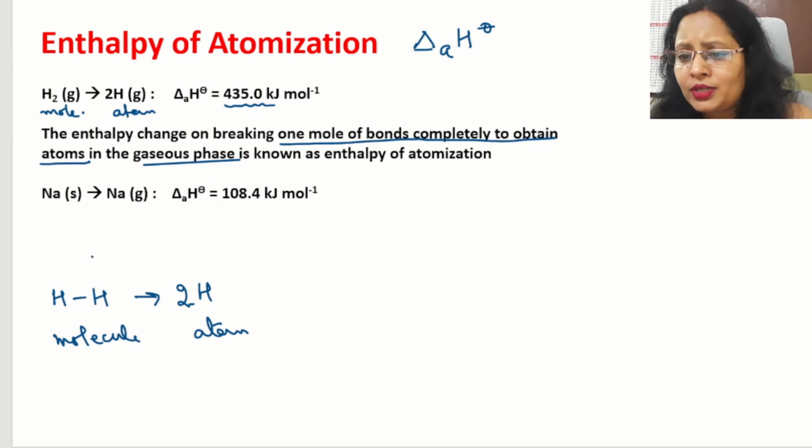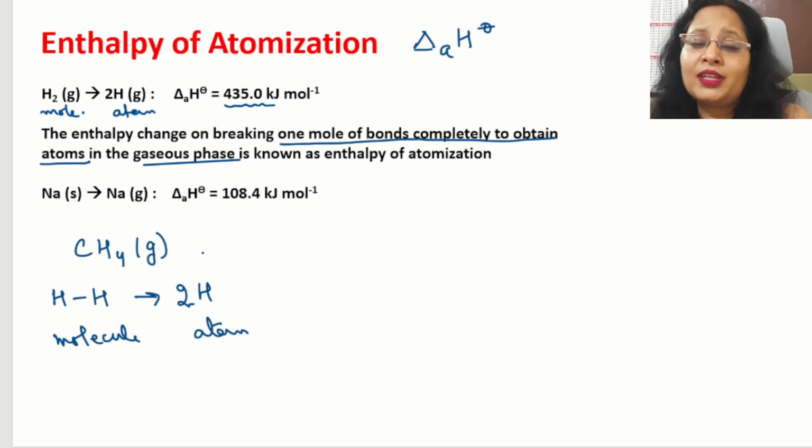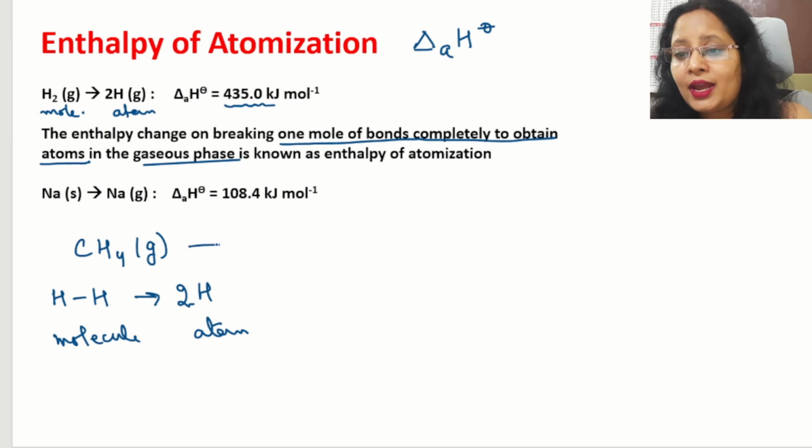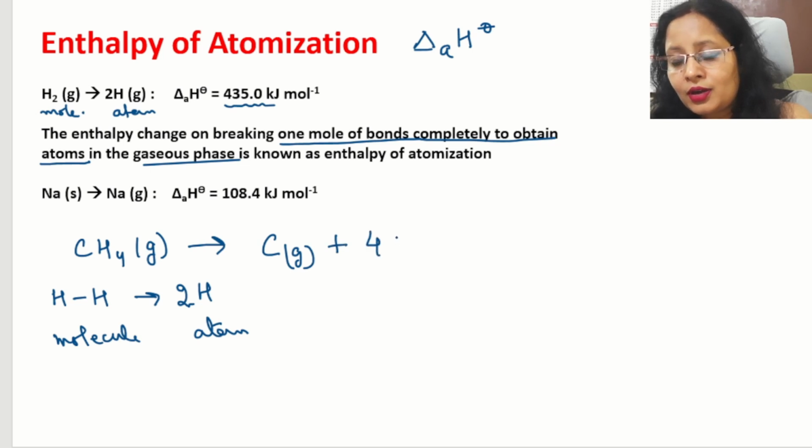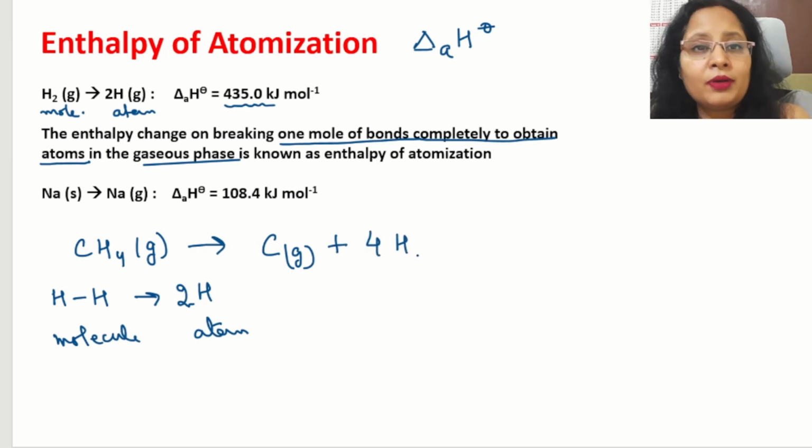Let's have one more example. It is methane, CH4. When we take 1 mole of methane in its gaseous state, it gives a carbon atom in gaseous form and 4 hydrogen atoms in gaseous form.